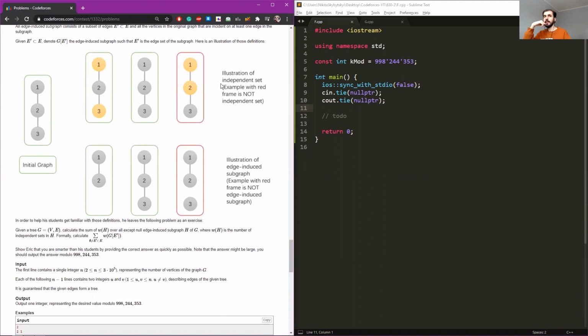We have a tree, and here we have some really terrible constraints on what we want to count.